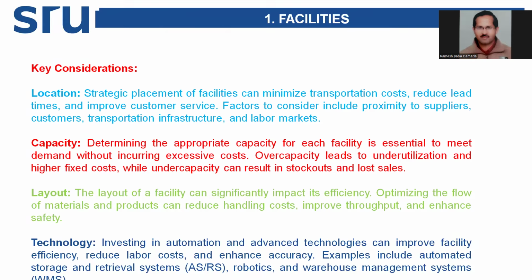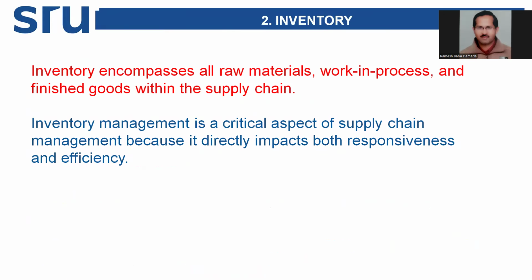Examples include automated storage and retrieval systems, robotics and warehouse management systems, fully automatic CNC machines. CNC is computer numerical control machine. Use of CAM, computer aided manufacturing, use of different tools, software and technologies where computers can control, robots can control, fully automatic conveyors can carry machinery, materials, etc.